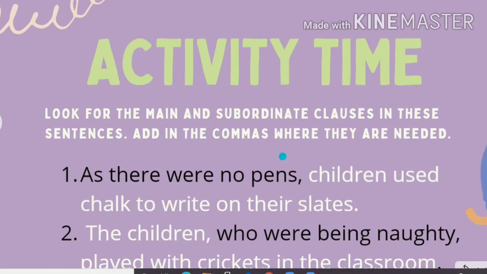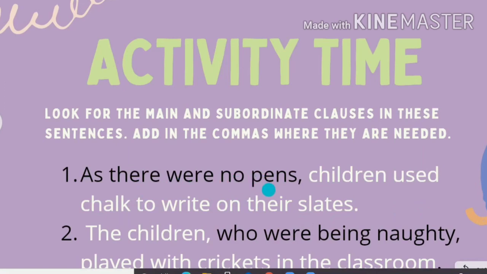Look at the activity time here. This is our last exercise in this video, yeah? Look for the main and subordinate clause in these sentences. Add in the commas where they are needed. But here I actually already give the answer. Number 1: As there were no pens, children used chalk to write on their slates. Look, the words with black color, "as there were no pens".